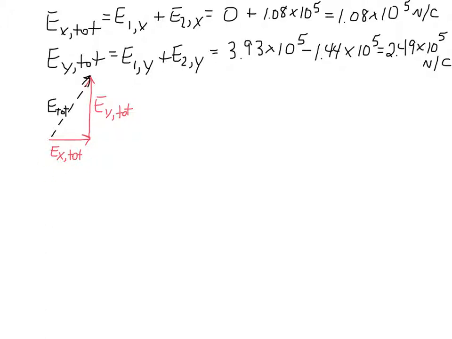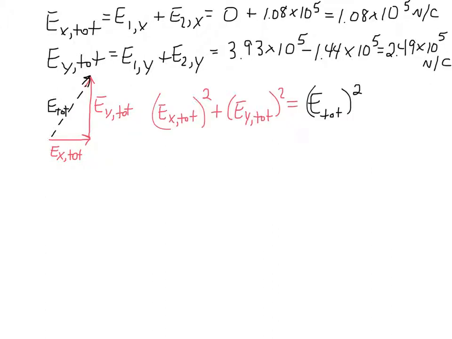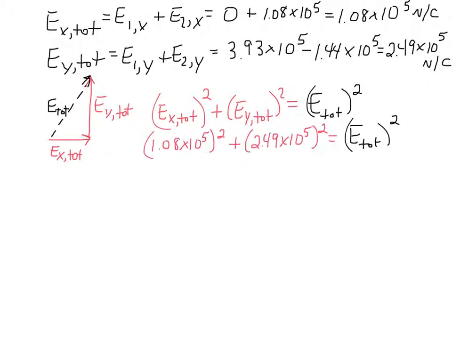Simply say this squared plus this squared equals this squared. And I can plug the values that we just found in for these. And don't forget to take the square root. Once you find this side of the equation, take the square root of both sides and solve for the total electric field strength.